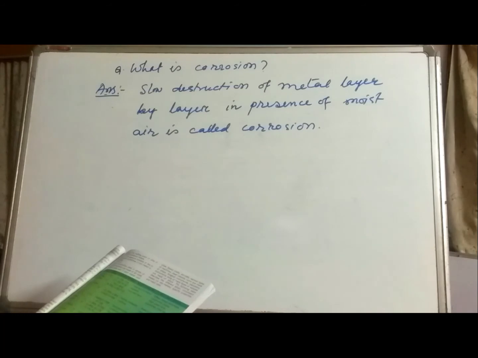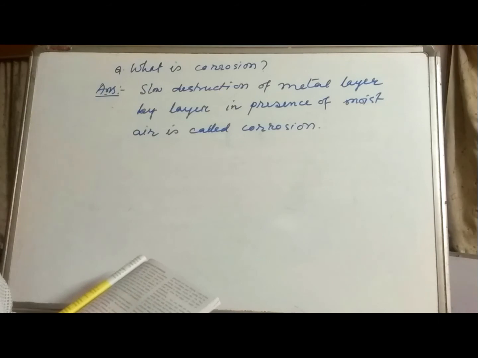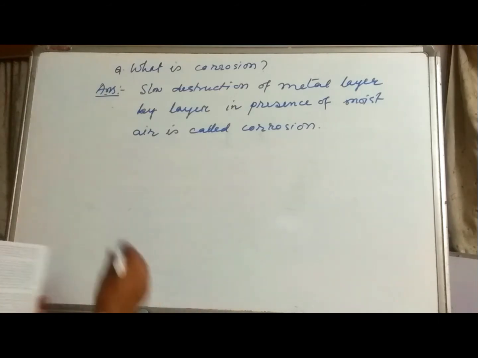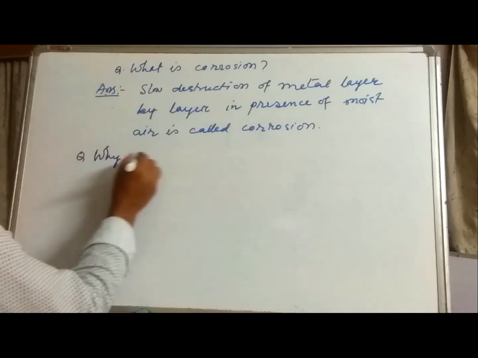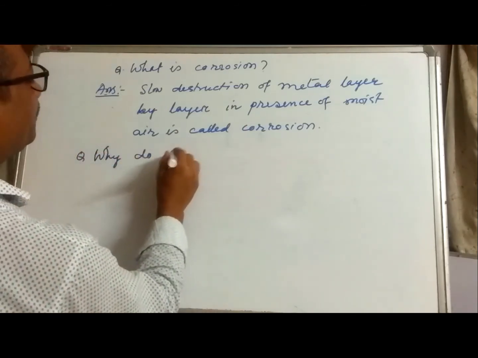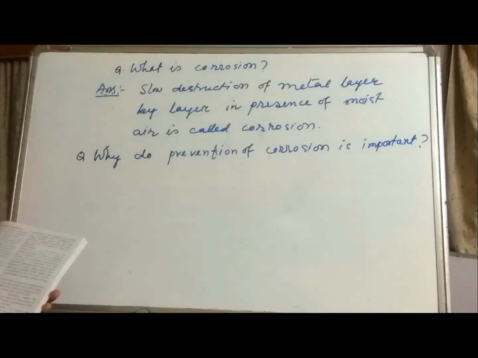Corrosion is destructive and it destroys and damages tools. So it is most important to prevent corrosion. Next question, why is prevention of corrosion important?